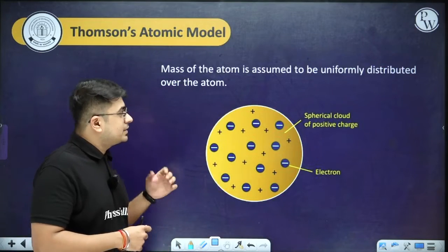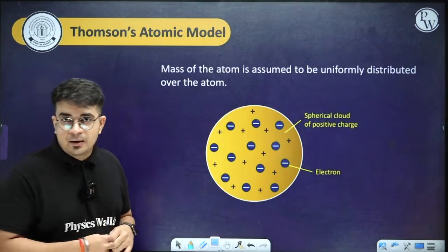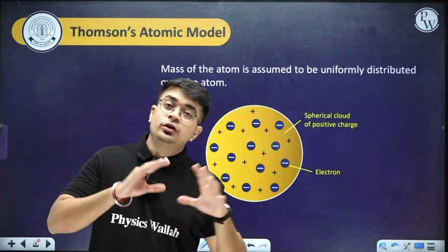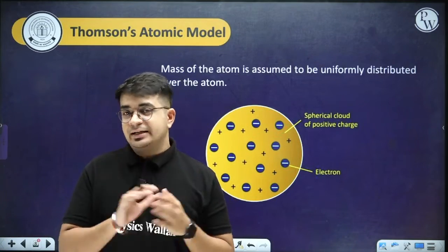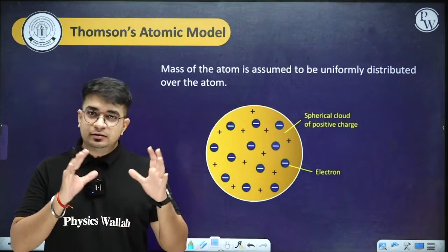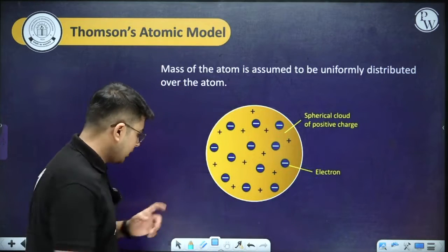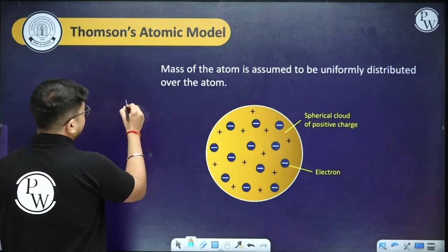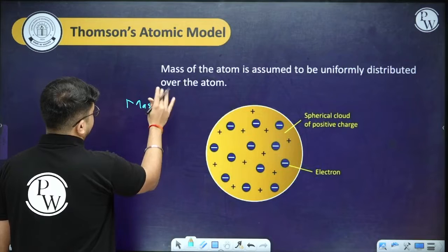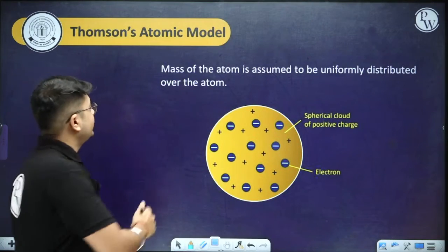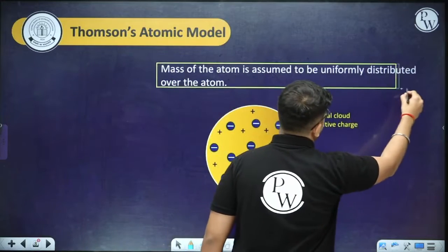Now in that case, there were some discrepancies definitely, because the consideration is that if the electrons and protons are uniformly spread, it means the entire mass of the atom is going to be uniformly spread. So from that particular part, you can say that, as it's already written, the mass of the atom is assumed to be uniformly distributed over the atom. So this was the consideration.